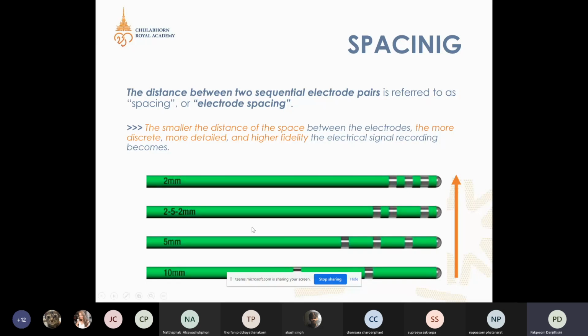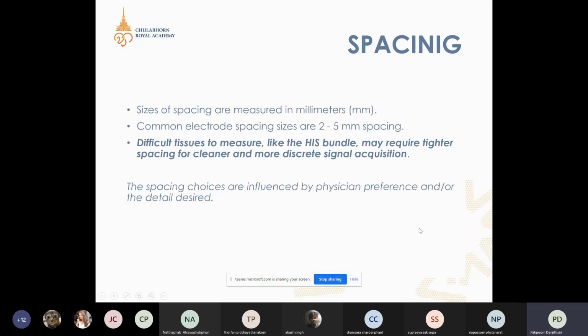If we use a bigger electrode spacing, the distance between 2 pairs of electrodes is bigger, which will lose more detail of the data.